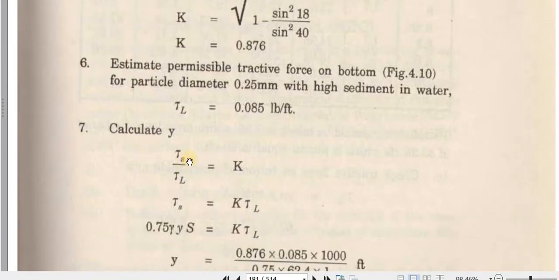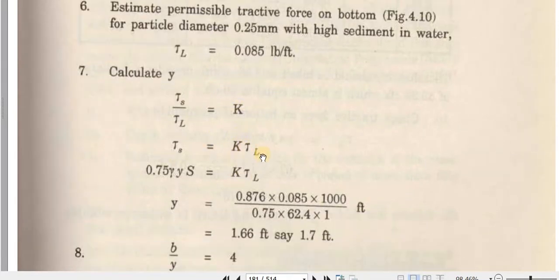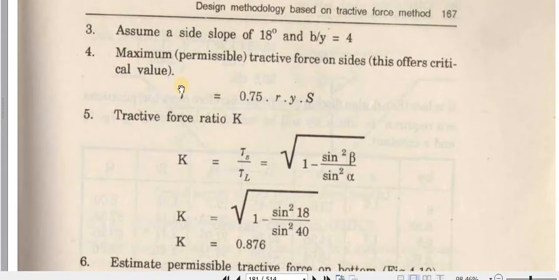So we have to calculate y. TS over TL is equal to K. TS is equal to K TL, and TS is equal to 0.75 gamma YS, like this one. And simply T was gamma YS.